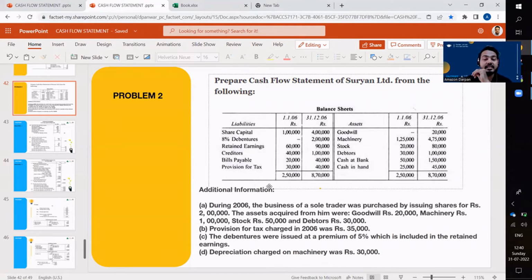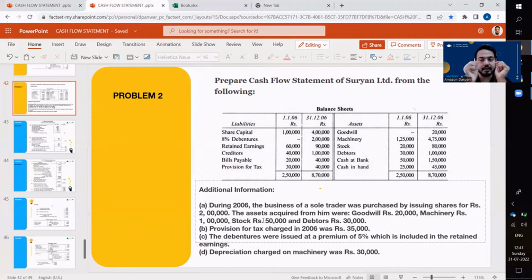So assets were acquired from that sole trader by Suryan Limited. We'll have to check how this 50,000 will impact. We see that 20,000 is the opening balance, 80,000 is the closing balance, but there is also an acquired amount.